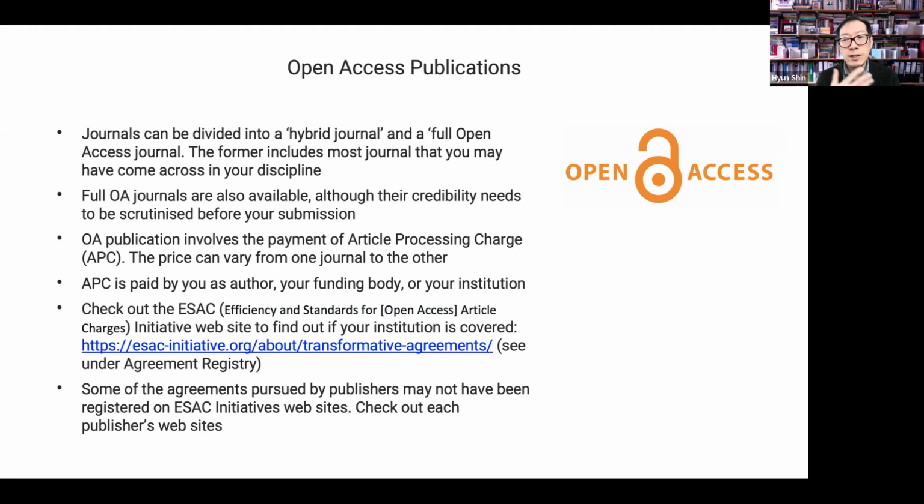So it will be important to find out what is available to you in terms of funding to cover the open access publication expenses. Probably useful to look at what is known as the ESAC initiative, which stands for Efficiency and Standards for Open Access Article Charges, and they actually compile the list of all these agreements which publishers have signed with each country and universities.